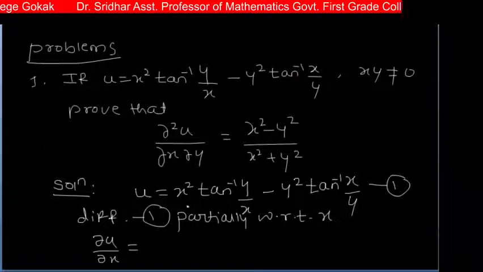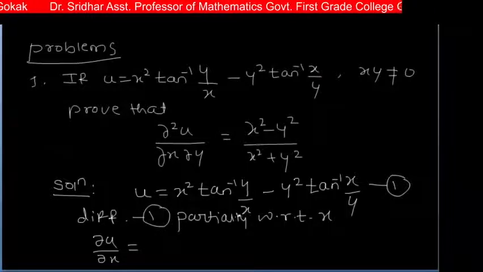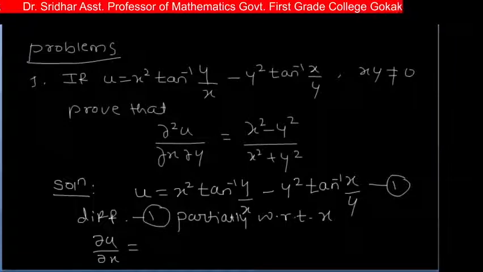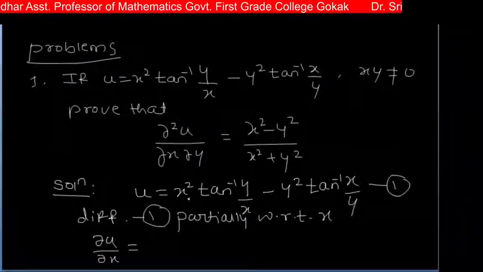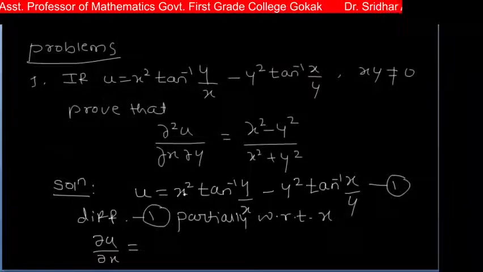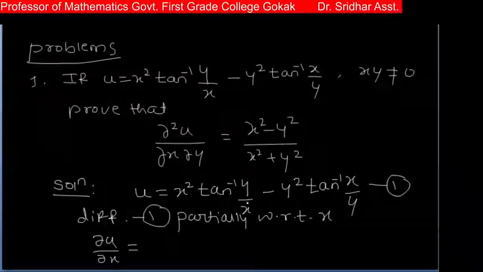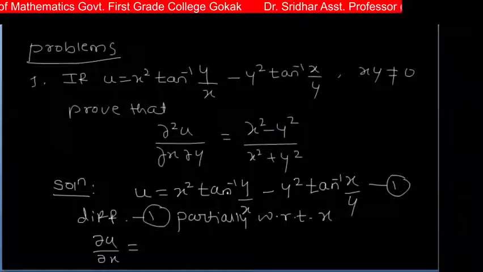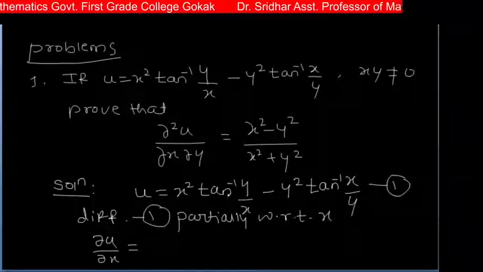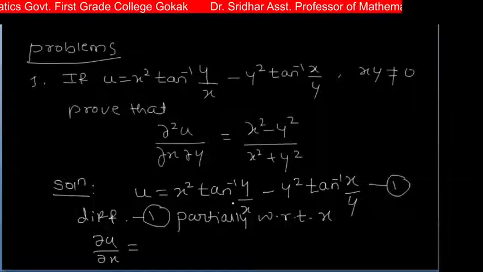now see here, we are differentiating with respect to x. That means we treat y as constant, right? So here this is x square and this is tan inverse of y by x. In both the terms, x square and tan inverse of y by x are present.